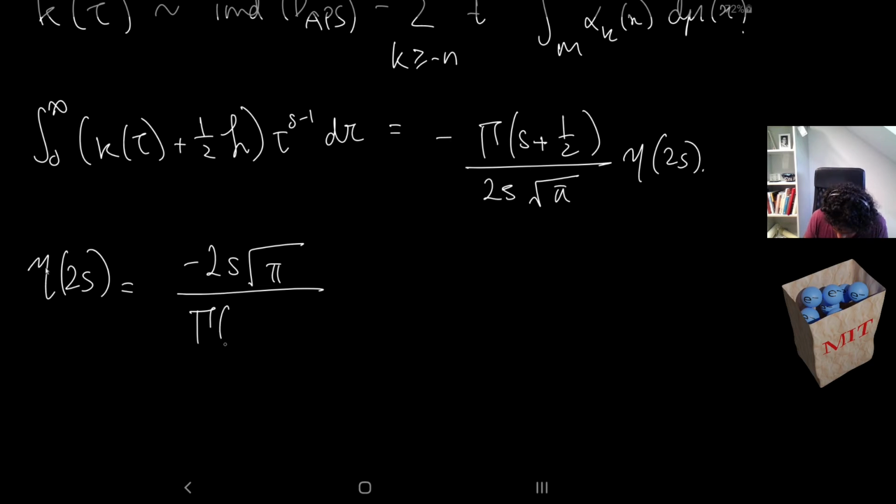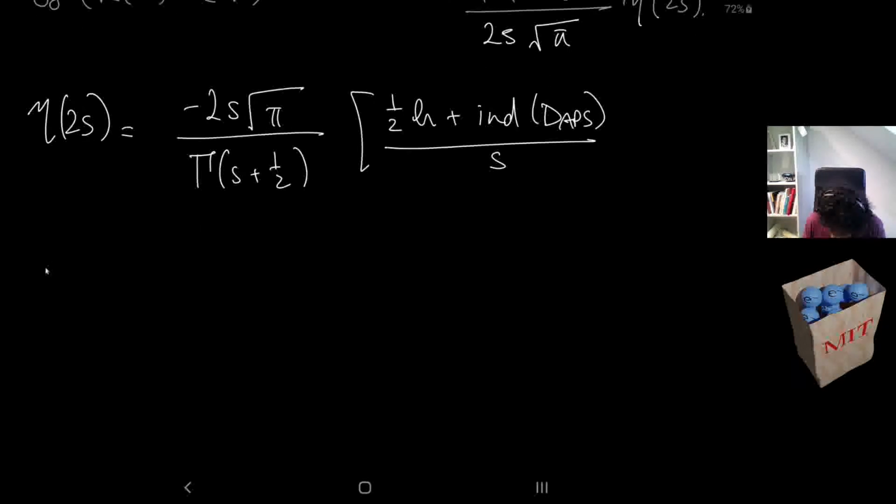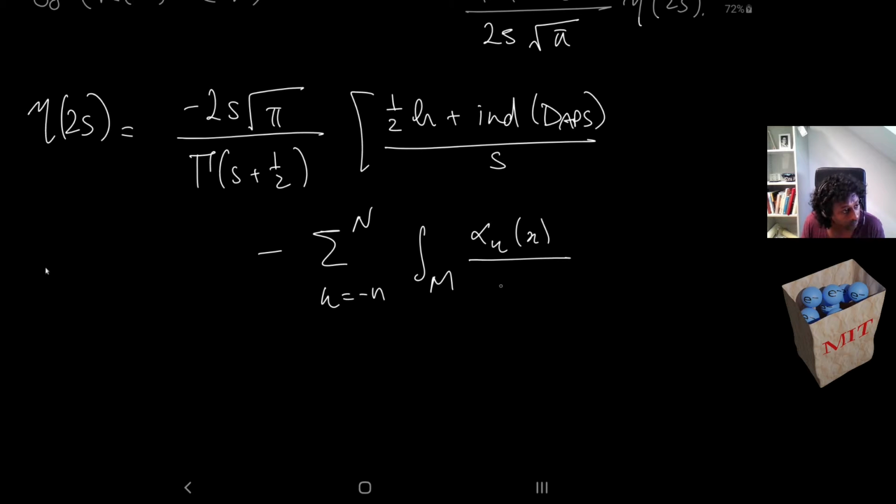Then we have that this is s plus a half, h plus the index of D APS on S. Now we have minus the sum k equals negative N to some N of the integral of alpha k x on half k plus s.